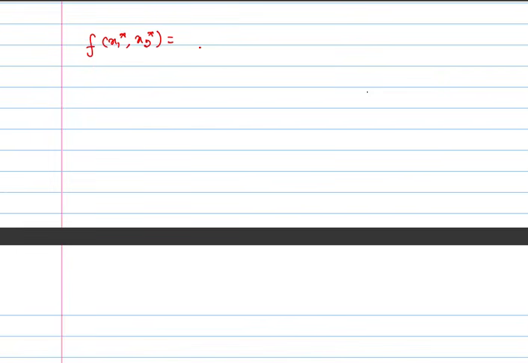So our given function is x1 star square, so that means 2 square, 1 square, 1 minus 4 plus 4 minus 12. So this value becomes minus 11.